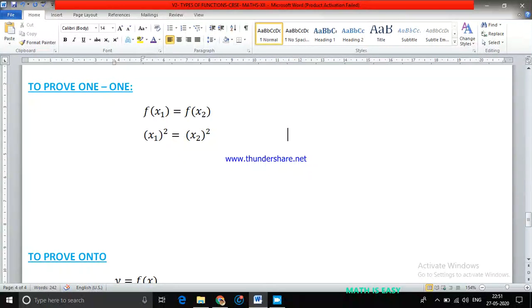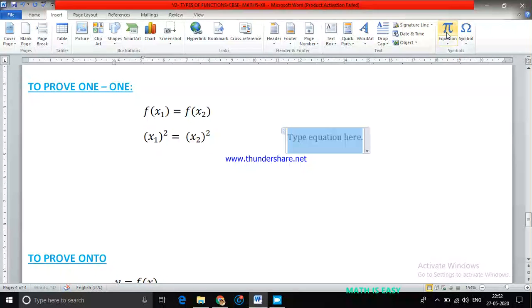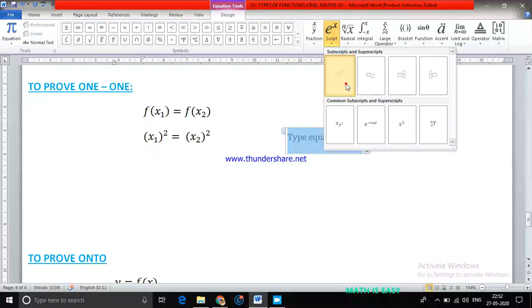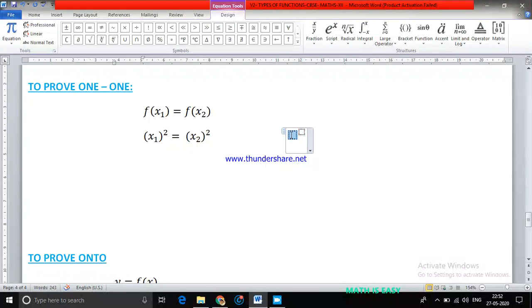Do you have an example in your head? If I take 2 square, what is the 2 square value?